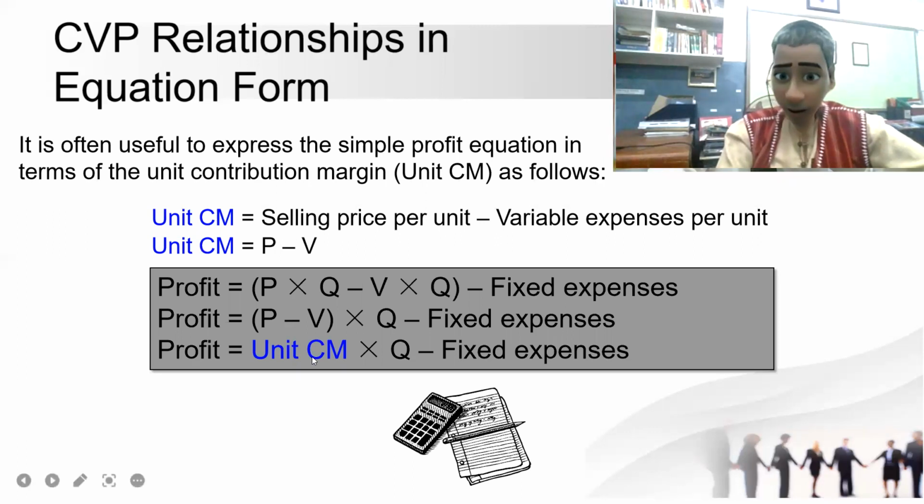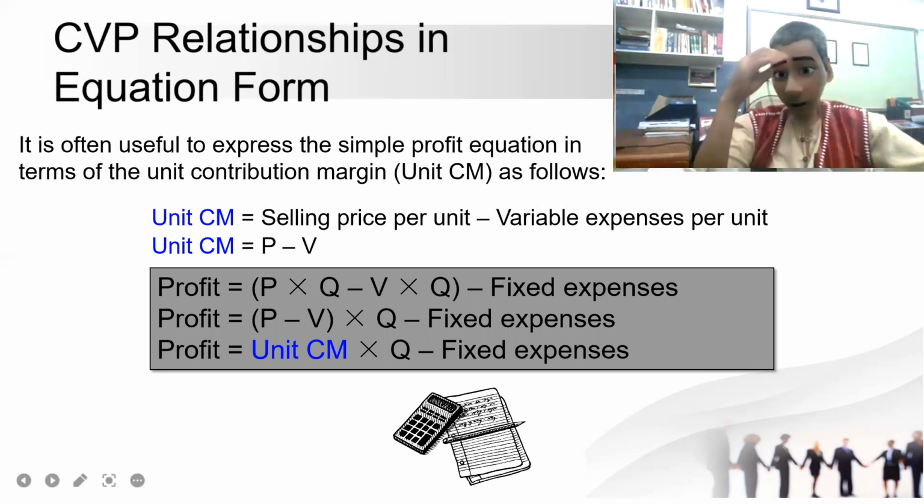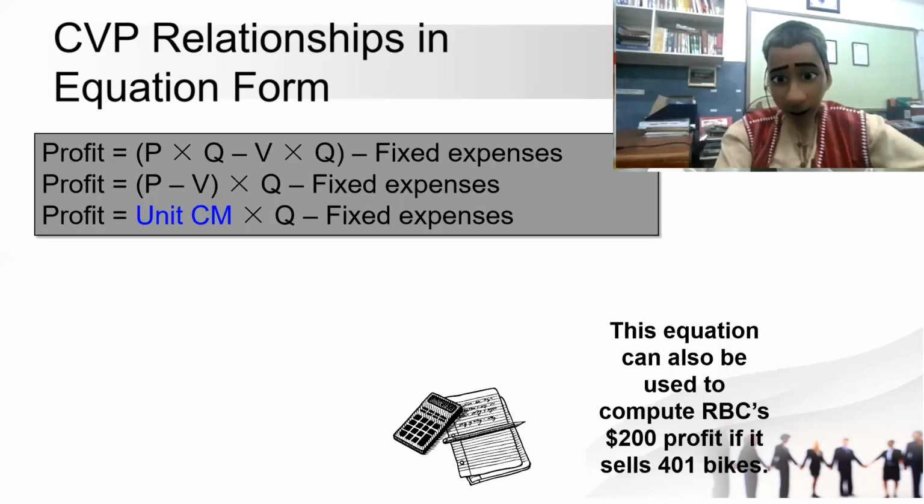So unit CM times Q minus fixed expenses. That is a simple formula that can be derived.